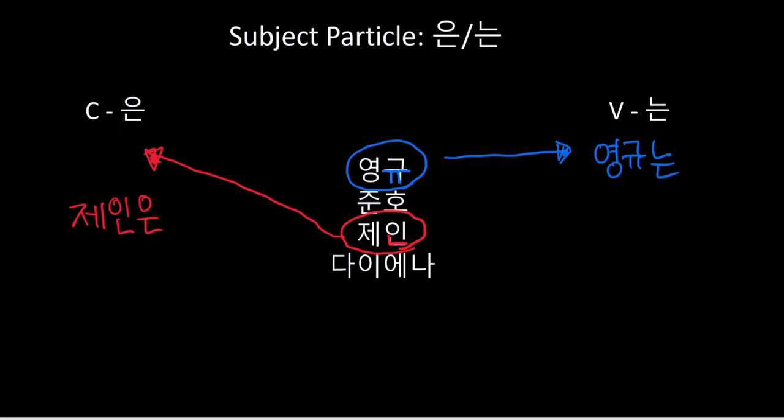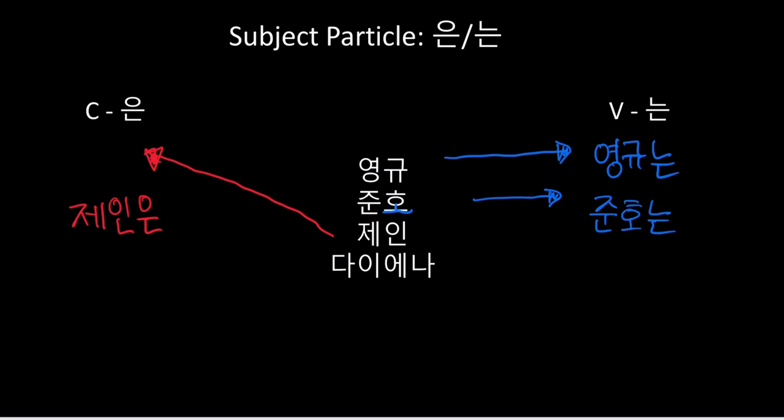Let's look at the other two. What about 준호? Does that end in a consonant or does that end in a vowel? 준호 ends in a vowel. So 준호 is going to be 준호는 in our sentence.